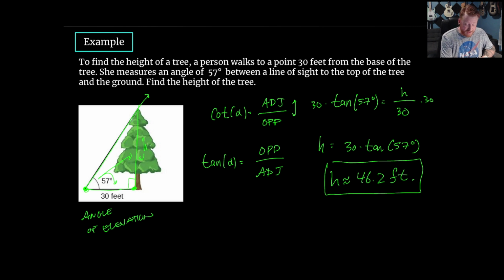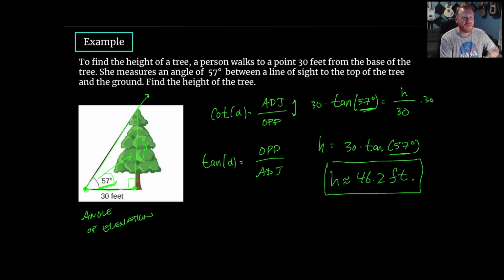Now, I should maybe take a second and point out that if you're trying these problems along with me and you're putting things into your calculator and you're not getting the right answer, make sure that your calculator is in degree mode. Right here, we are measuring these angles in degrees. And that means that your calculator needs to be told that you're putting in these angles in degrees and not in radians. Moving forward, we might want to make sure that our calculator is in radians and not degrees.